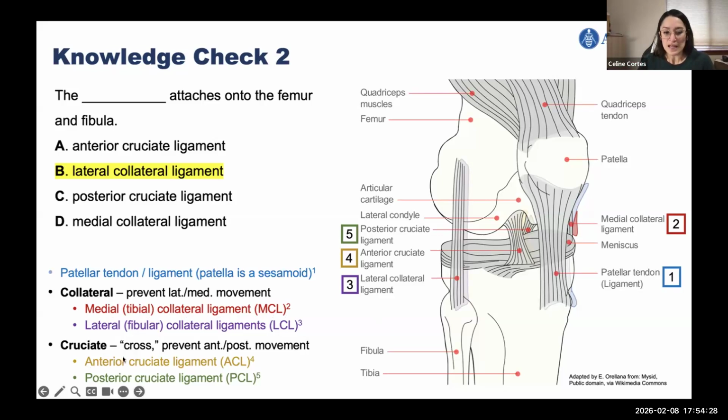And the anterior cruciate ligament is going to be ACL. So it's really just about knowing the acronym. Yeah, it takes some getting used to, but if you get those acronyms down and you know what they mean, then you're on the same page. Thanks.